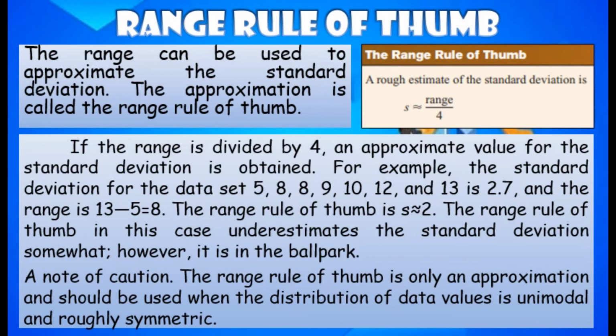The range rule of thumb in this case underestimates the standard deviation somewhat. However, it is in the ballpark. A note of caution. The range rule of thumb is only an approximation and should be used when the distribution of data values is unimodal and roughly symmetric.